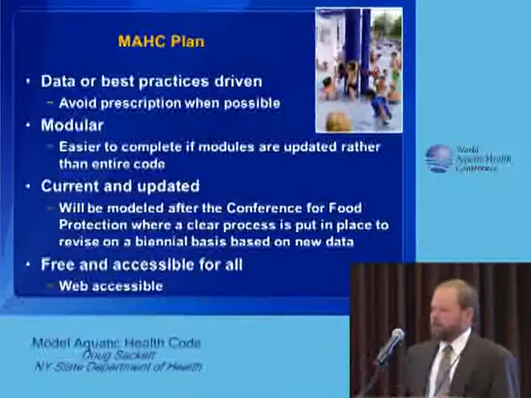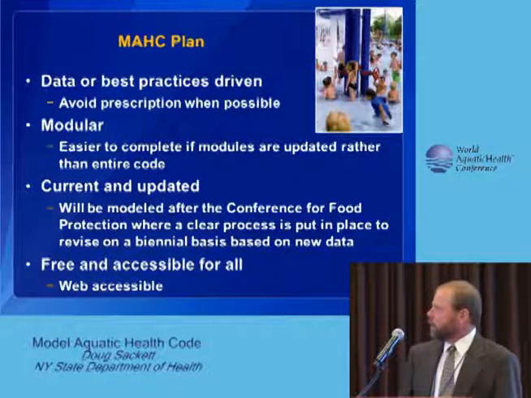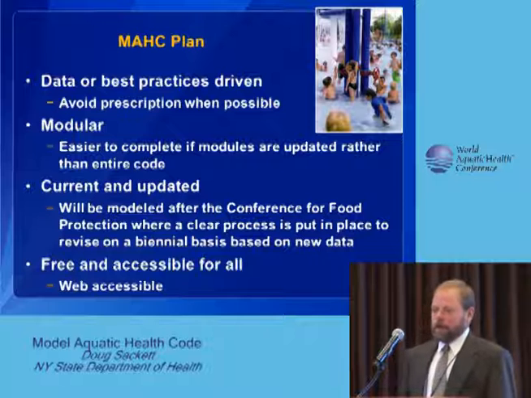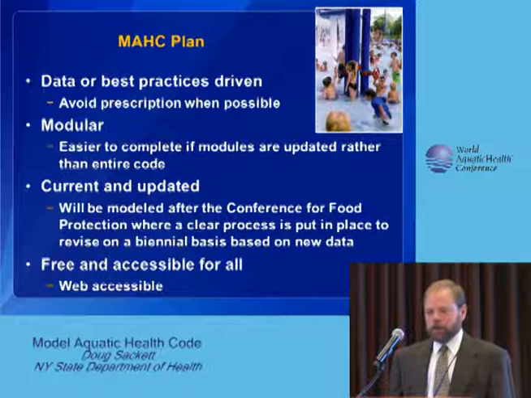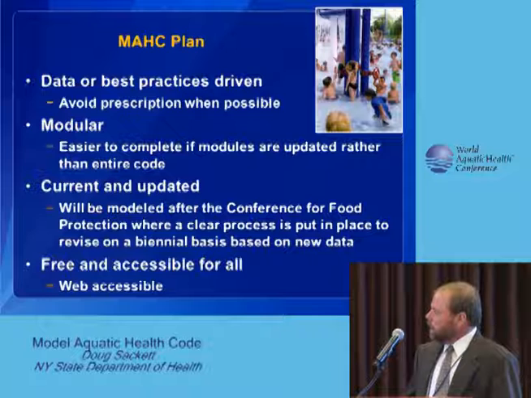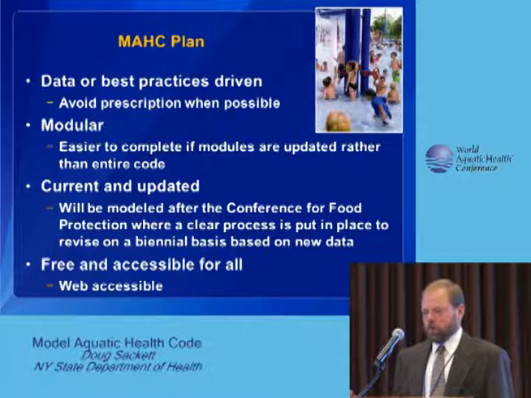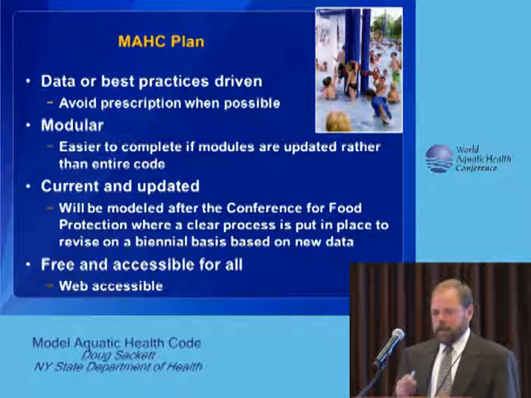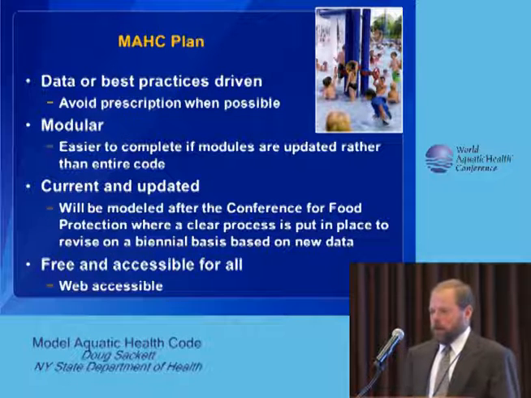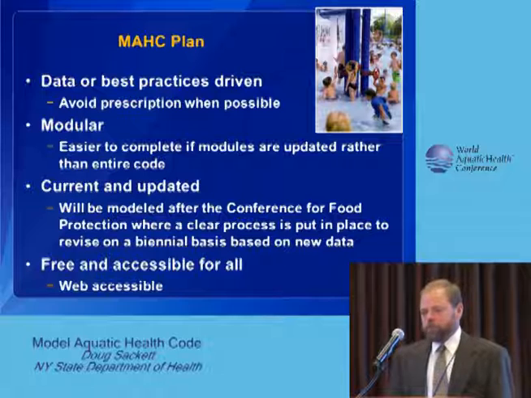Again, the plan: I can't stress enough that we want data or best practices. And I know from an industry standpoint, you designers, this is a key area: avoid prescription. Health codes tend to be very prescriptive. Here's what you have to do: you want to get to C, you have to add A and B, and there's no other path to do it. We want performance-based where possible.